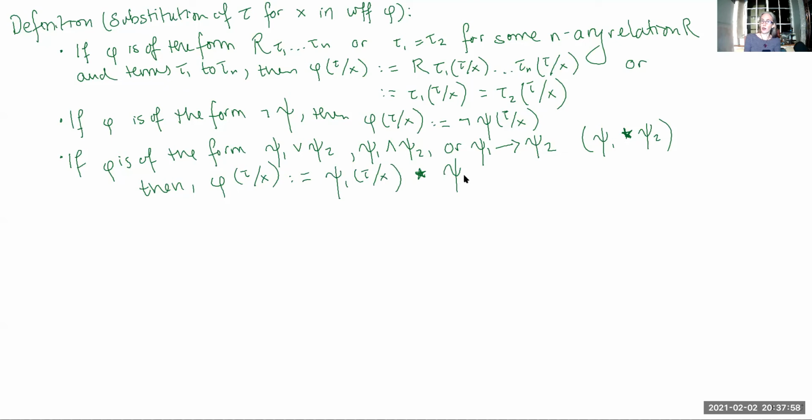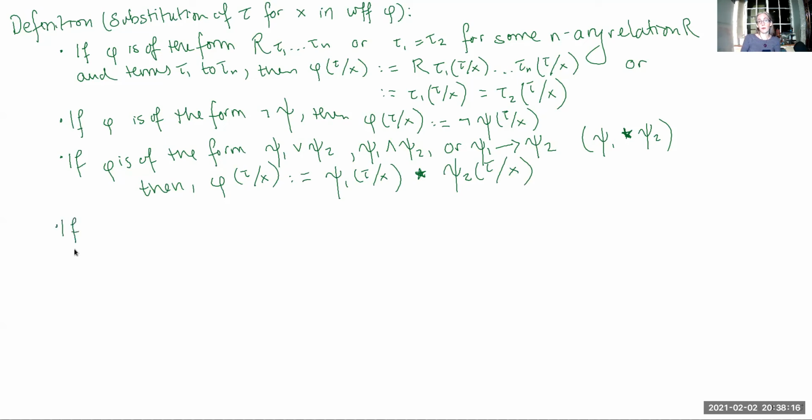I don't want to say conjoin because it needn't be conjunction. The result of substituting tau in for x in psi 2. So these are fairly straightforward. We just kind of pull the connective out and look at the substitution instance of the subformula.